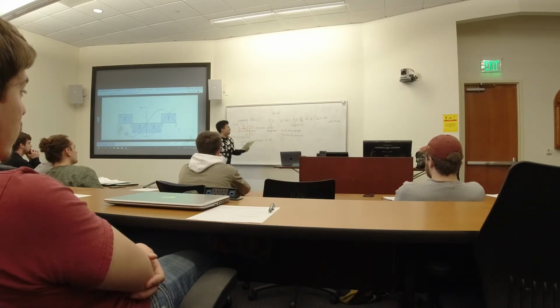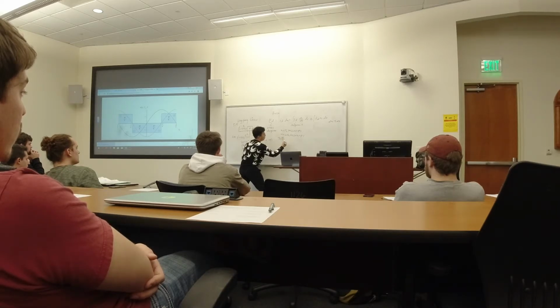So I said that this is for the whole period, and the period is equal to time T equal to 2 pi divided by omega. So take this into the equation there.